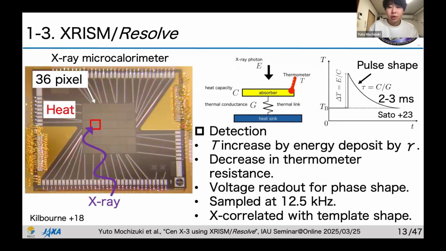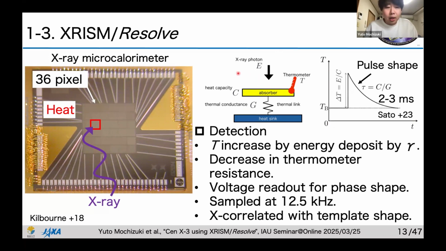This X-ray detector is called the X-ray microcalorimeter. The left figure shows the X-ray microcalorimeter on board XRISM. It consists of an array of 36 pixels, with each pixel measuring 0.8 millimeters. The figure in the upper right shows the image of the pixel and the time versus temperature figure.